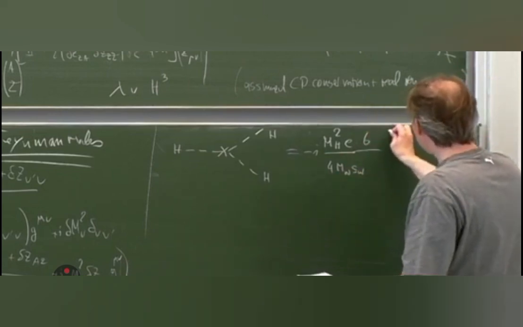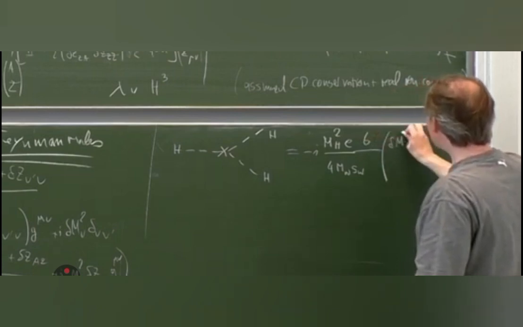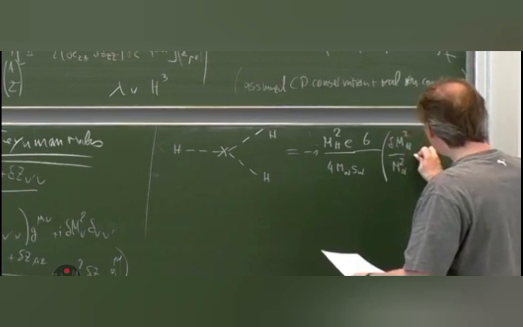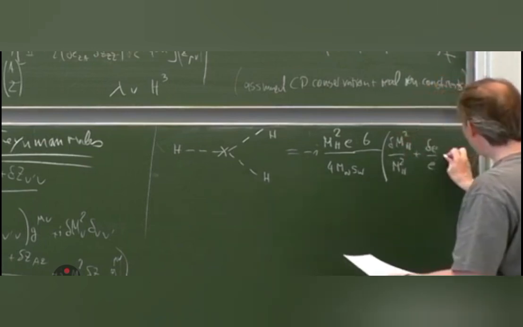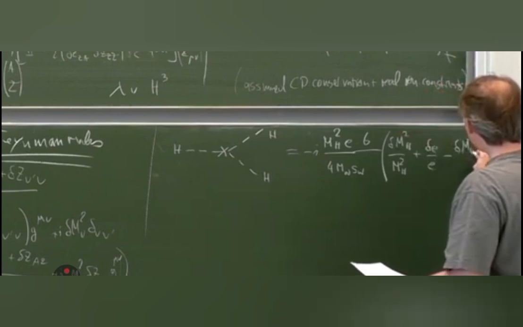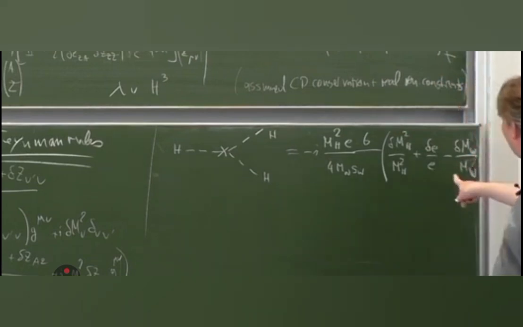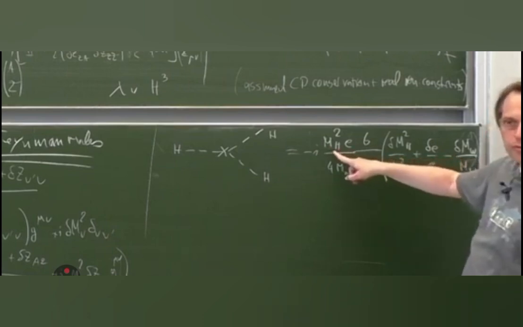And then you get the combination of renormalization constants from doing what I told you, and I write down the result. Delta mh squared over mh squared, plus delta E over E, minus delta MW over MW. So far this is very understandable because it directly corresponds to the renormalization of that fraction.